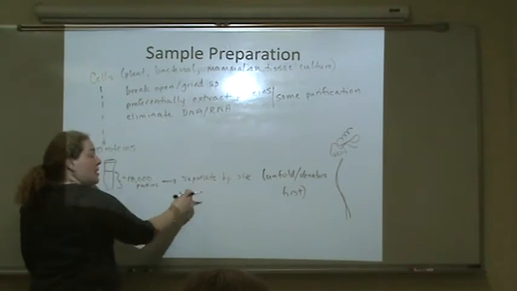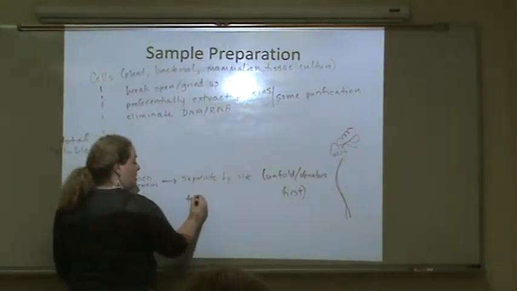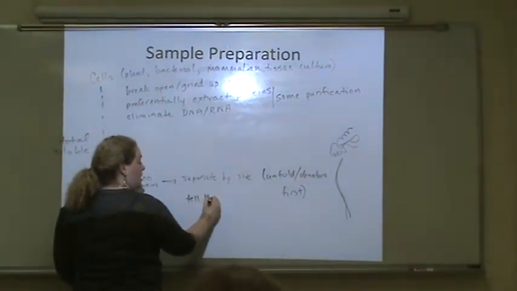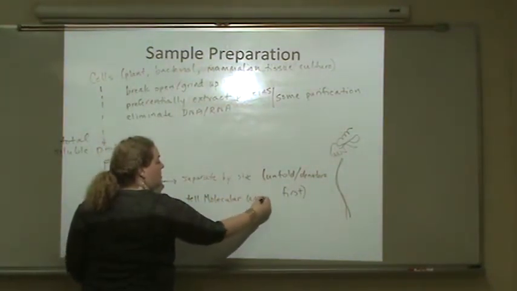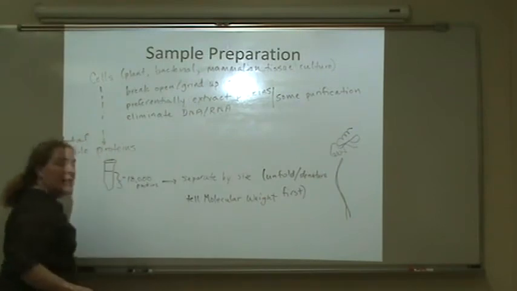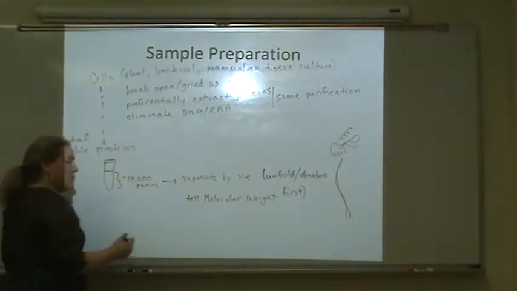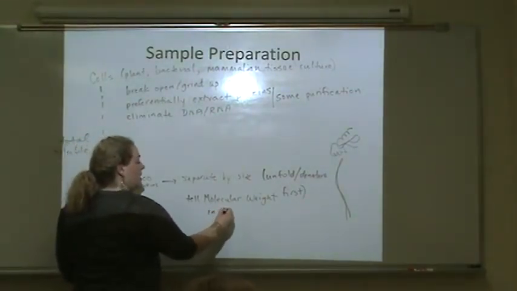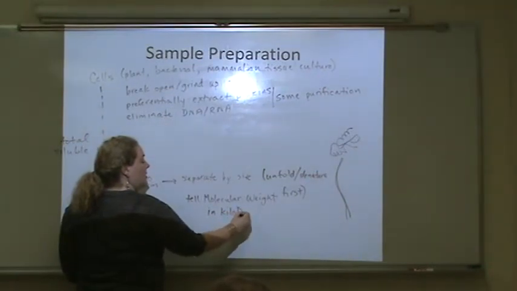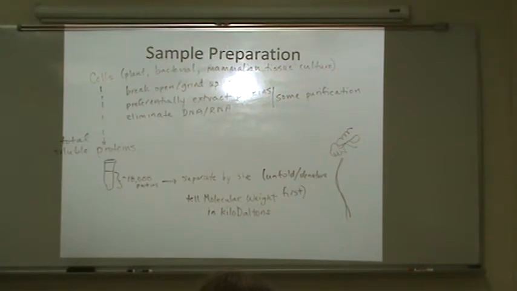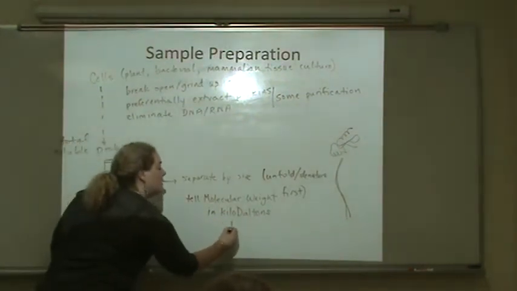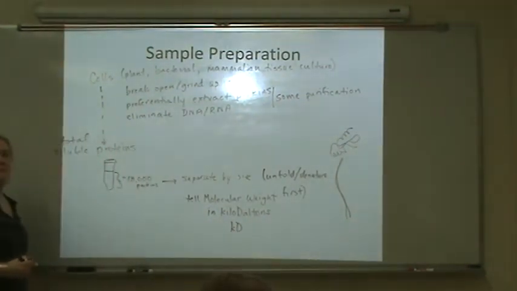And then when you do separate them by size, you will be able to tell something called the molecular weight. We measure molecular weight in a unit called kilodaltons, named after Dalton, and abbreviated kDa.